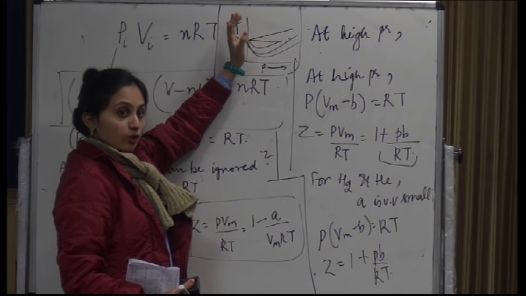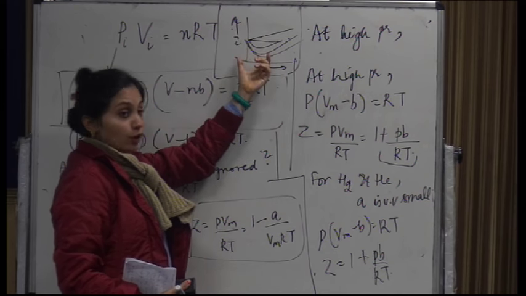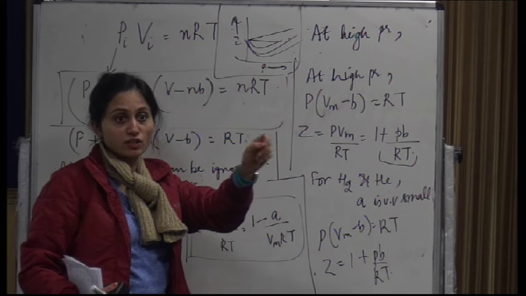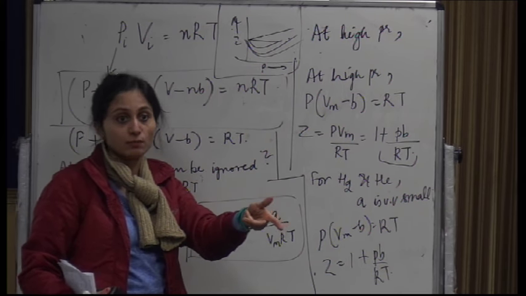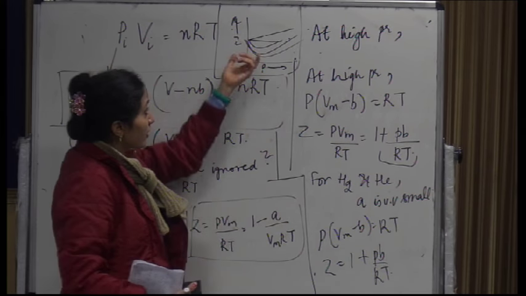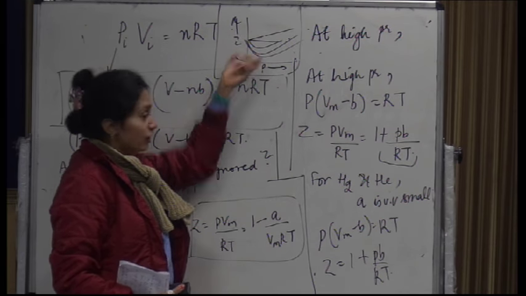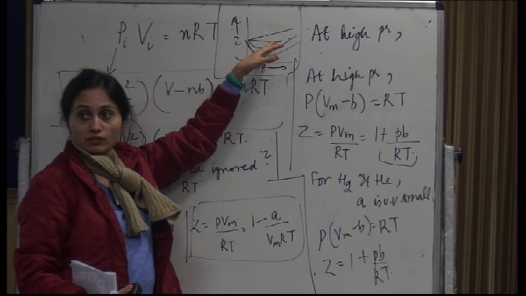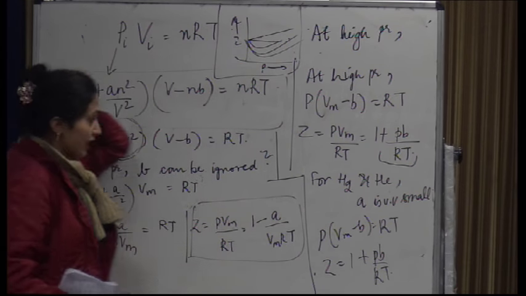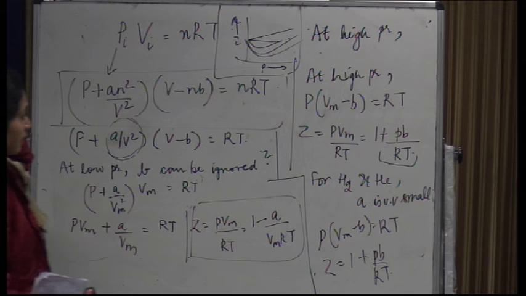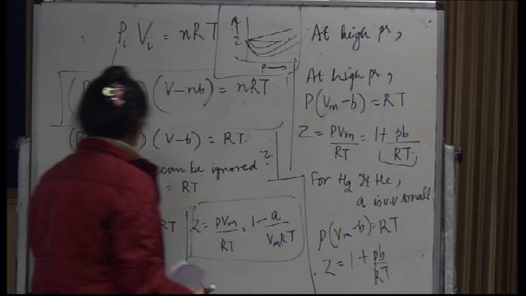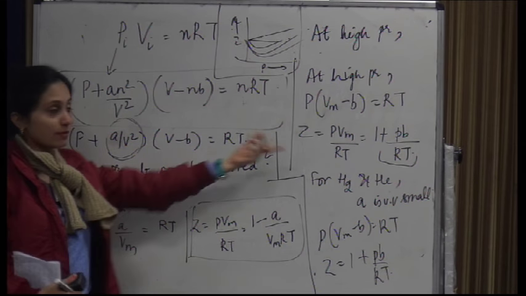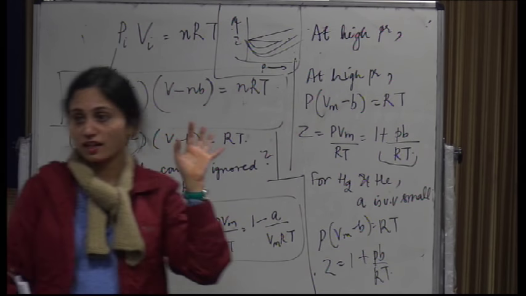Suppose you start from a particular level; at low pressures we do not say that only at, say, 0.001 atmosphere will it behave ideally. No, there is a particular range up to which it will actually behave in this fashion, and it is way off from the ideal behavior. All right, now you check out that here I am talking about low pressure and here I am talking about high pressure. Let me just revise this once again for all of you.